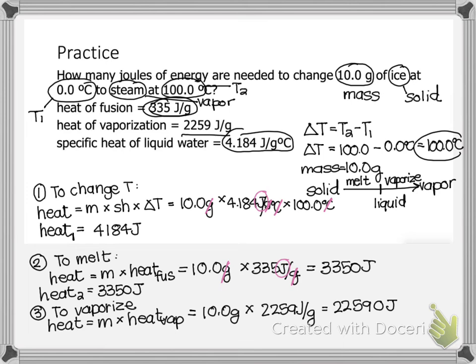I always think of it because when you melt it, you're just kind of loosening up the molecules. You're giving them enough energy so they can flow. But when you vaporize something, you have to give enough energy that the substance will completely come away from the liquid and go into the gas phase. So it takes a lot more energy. Again, going back to our problem, if the units cancel, then we're left with joules.